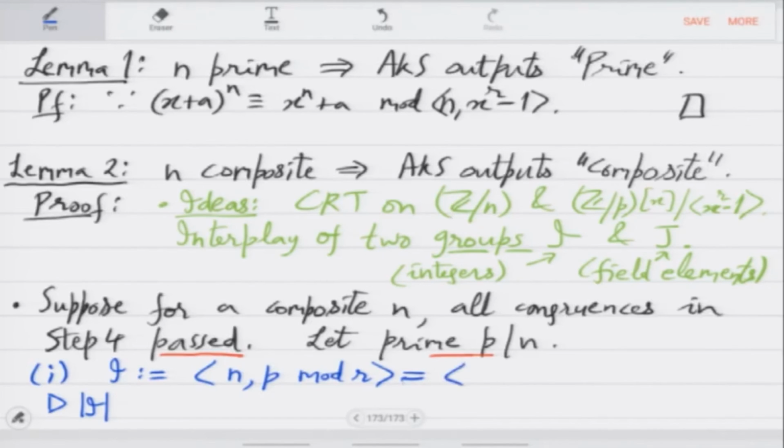It contains n^i p^j mod r for all i, j. That is what the elements of the group are, n^i p^j. So clearly it has at least as many elements as the order of n.